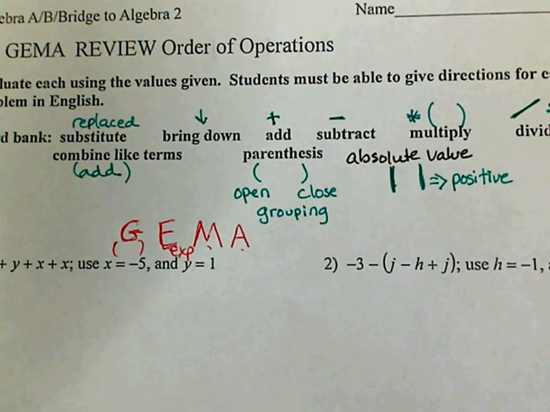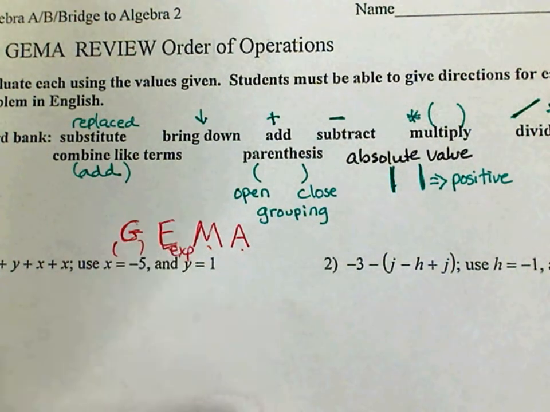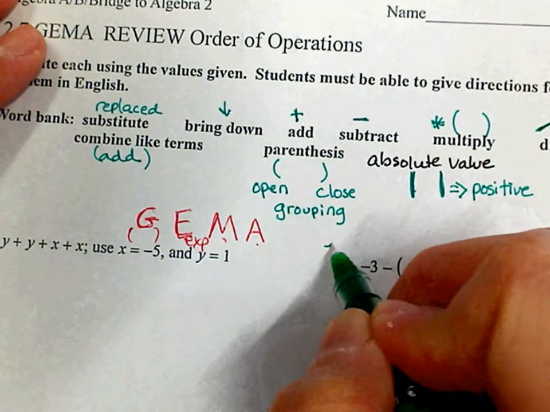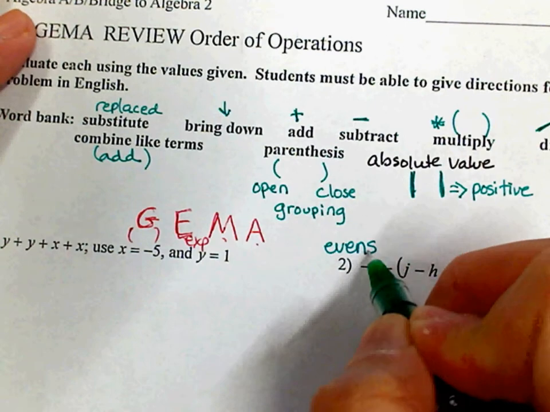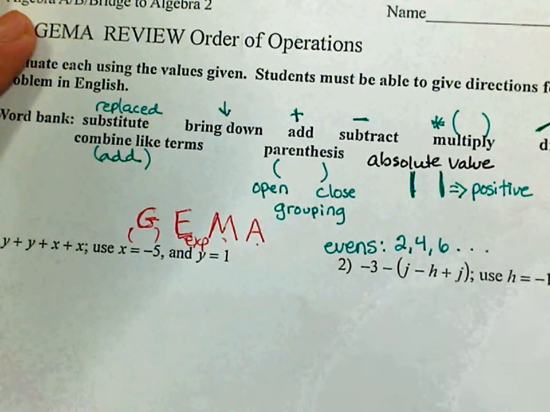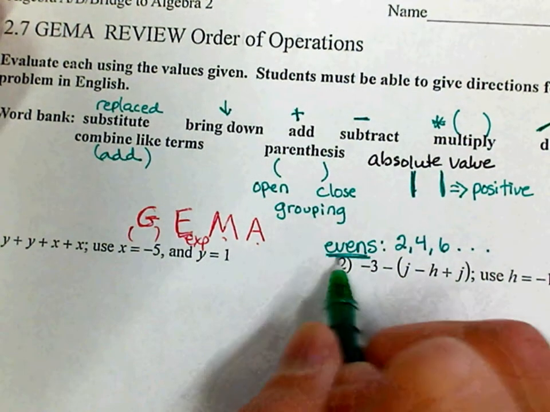All right. So you all good so far? Okay. We are going to do the evens together on this side, number 2, 4, 6. So we're going to do evens. Numbers that are even is 2, 4, 6, 8, 10. Those are called even numbers, okay?